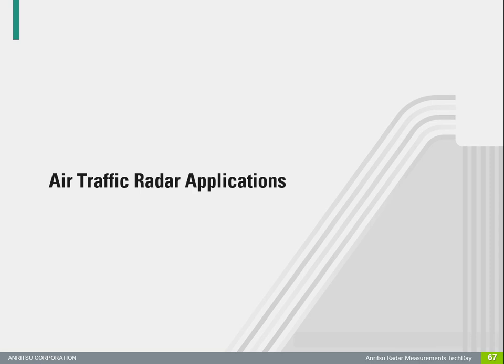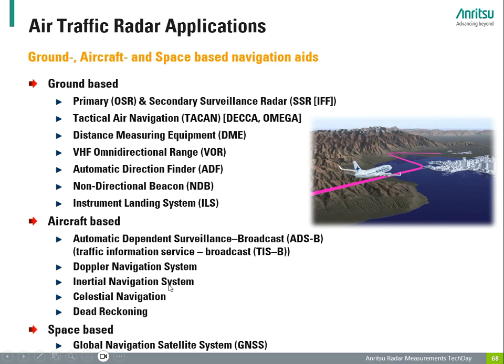Air traffic radar applications. As we can imagine, aerospace applications are very much dominated by wireless navigation aids. In general, we can distinguish between ground-based, aircraft-based, and space-based navigation and radar applications.